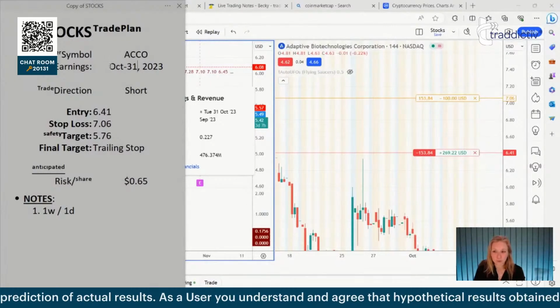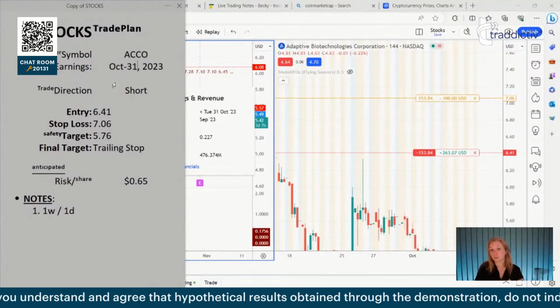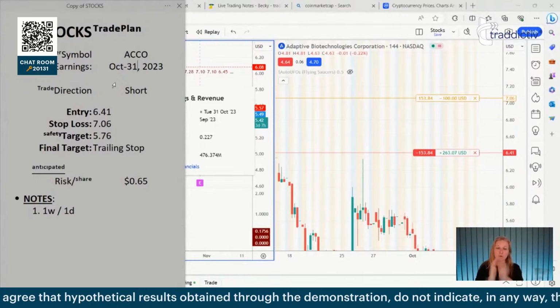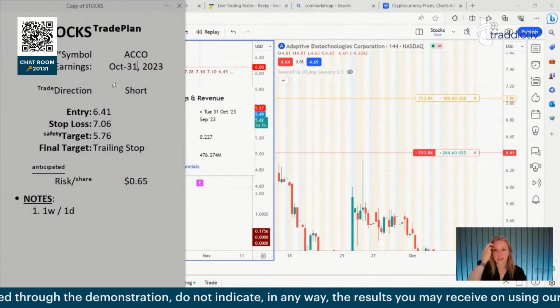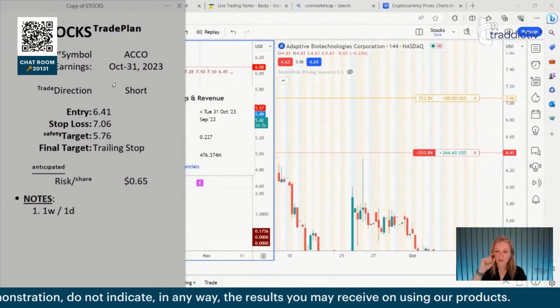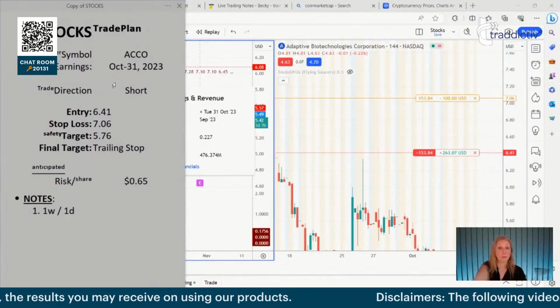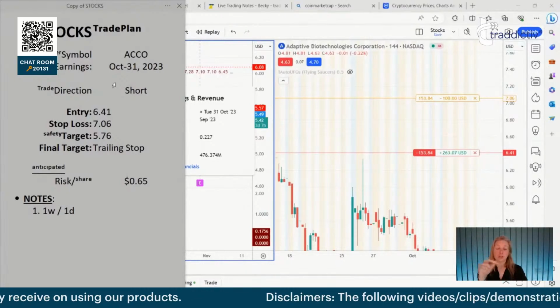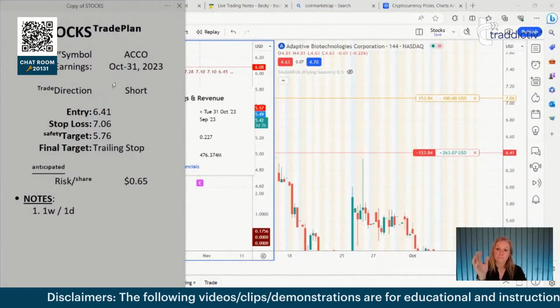So useful to know because earnings for any given stock is likely to increase some volatility. If we are already in the trade and we're quite far towards our profit, maybe we just want to take a little bit of profit to protect ourselves. Maybe we want to move our stop closer down. Maybe we want to get out entirely. Depends on how risk averse you are or not.